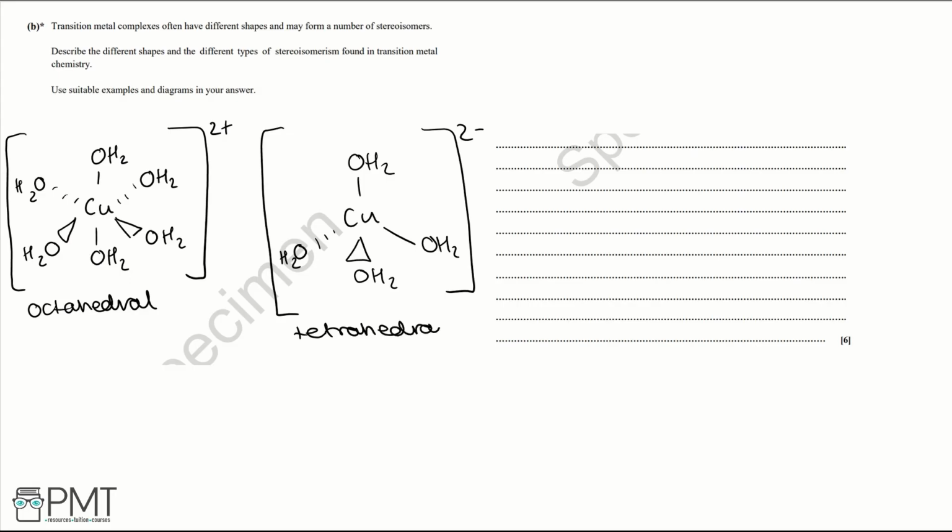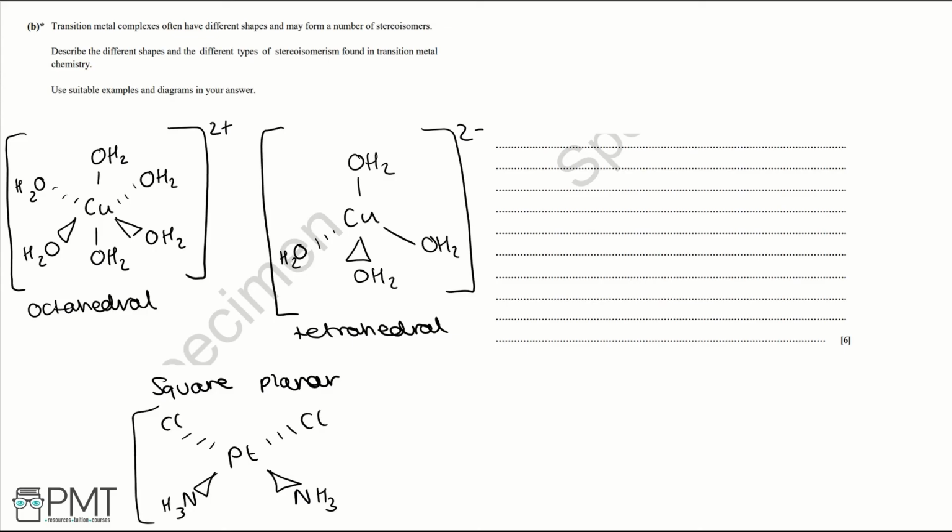Finally, we're going to have a square planar arrangement, and that's where all of our bonds are going to be wedges, and it only happens for d8 transition metals. So here I'm drawing the cis arrangement of cisplatin. We're going to have 2 ammonias on the same side and 2 chlorines on the same side, and there's no overall charge.